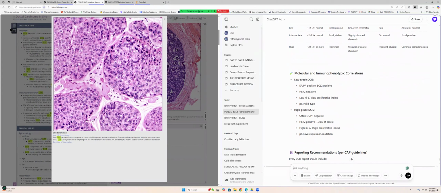You can use Ki67. It's going to be low in low grade DCIS and high in high grade DCIS. We want to know, is it low grade or high grade DCIS we are dealing with. P53 will be mutated in high grade DCIS and wild type in low grade DCIS.